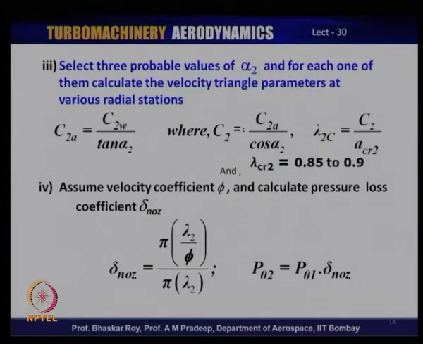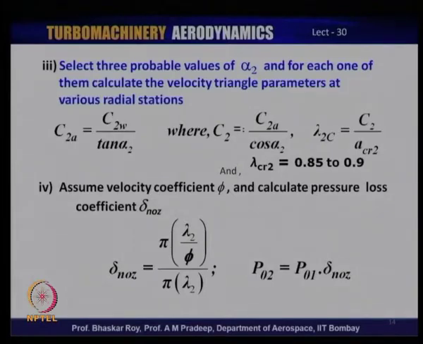If you want to do that, you have to adopt a technique by which this can be done. One of the ways of doing it is to select 3 probable values of alpha 2 at mean diameter, and for each one of them calculate the various velocity triangle parameters at various radial stations.